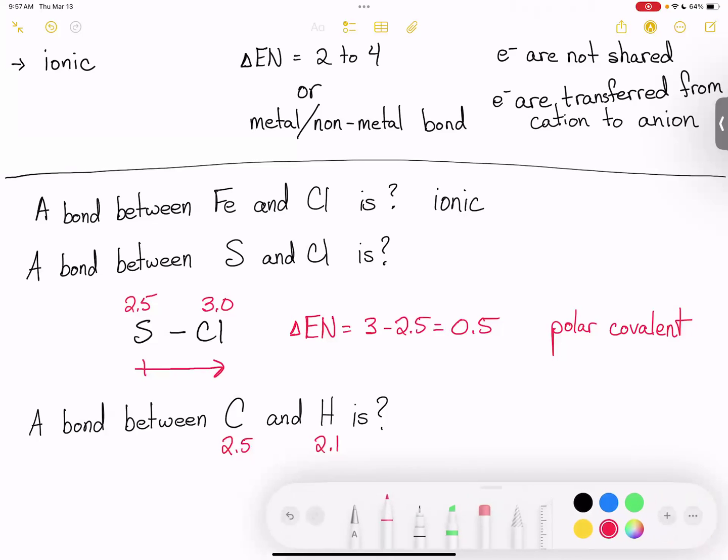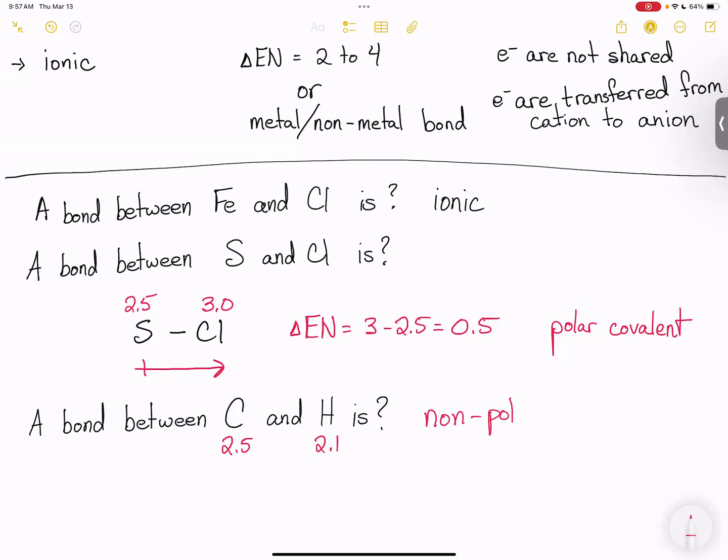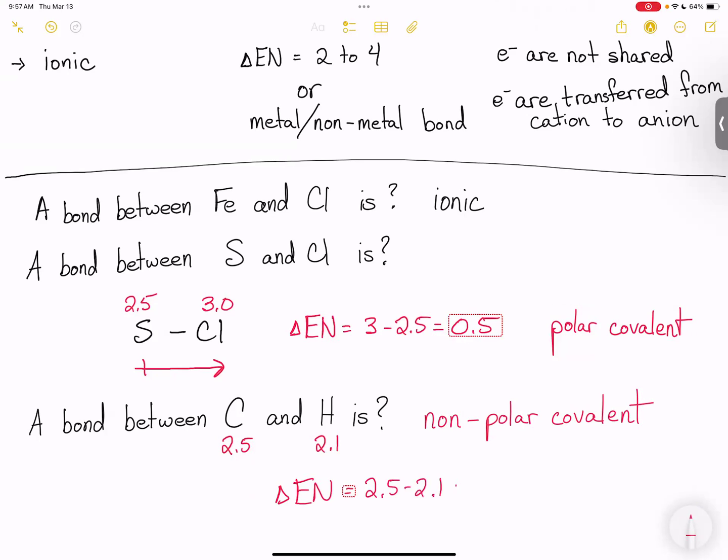It's nonpolar covalent. The reason it is nonpolar covalent is because delta EN is 2.5 minus 2.1, which means it's 0.4, and therefore it falls under nonpolar covalent.